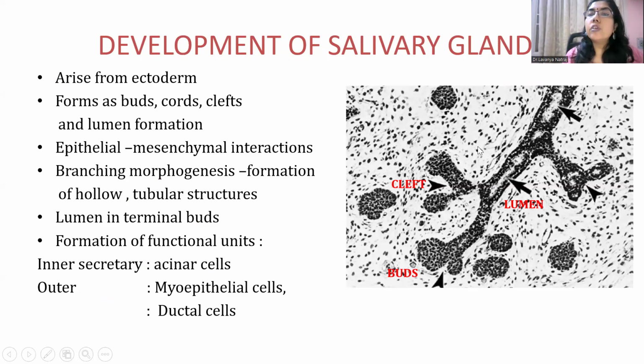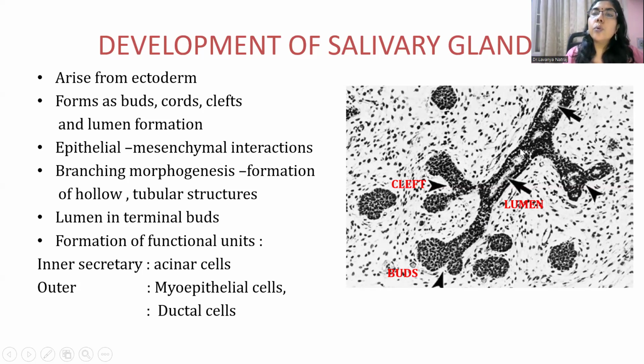The small dotted cells are the mesenchymal cells, and there will be epithelial mesenchymal interactions and branching morphogenesis. Can you see that? There is a bifurcation here of these epithelial cells. This is called branching morphogenesis, meaning the formation of hollow tubular structures, so that the salivary glands, as you know, have a lumen inside for the saliva to come. So the luminal formation happens, and it is seen towards the terminal buds.